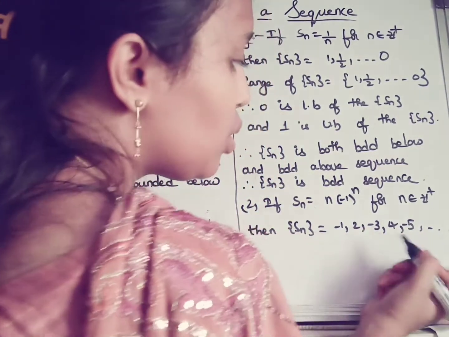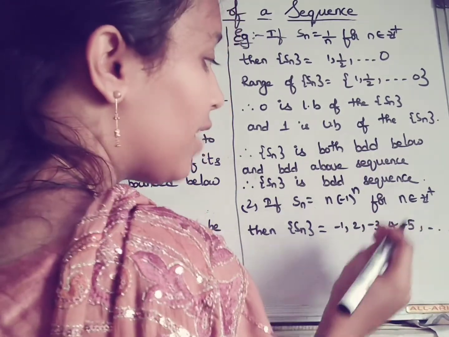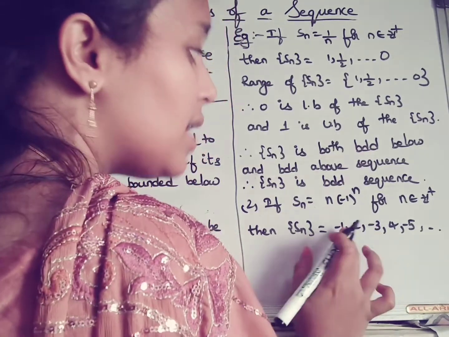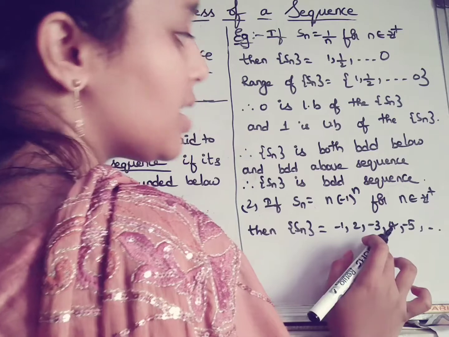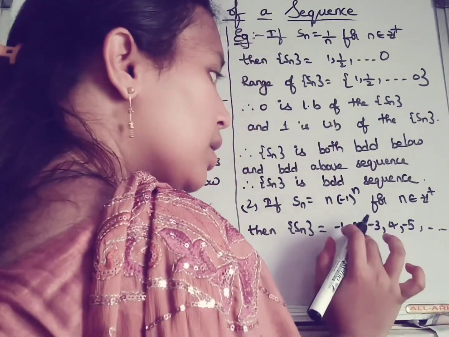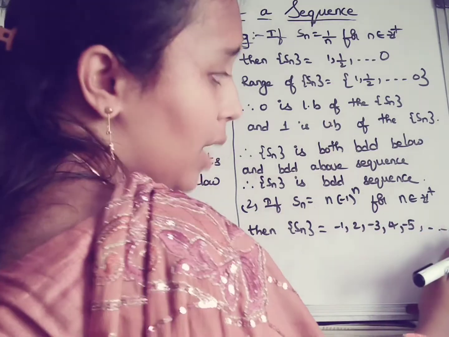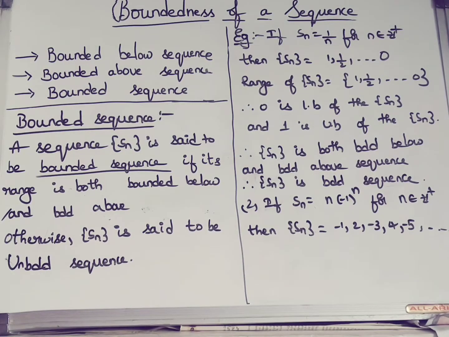Here there is no chance to find the lower bound as well as the upper bound. Why? Because on comparing negative signs, see here, minus 3 is less than minus 1, minus 5 is less than minus 3 and so on. Similarly, 2 is less than 4, 4 is less than 6, 6 is less than up to infinity. So there is no chance to find an upper bound as well as a lower bound.